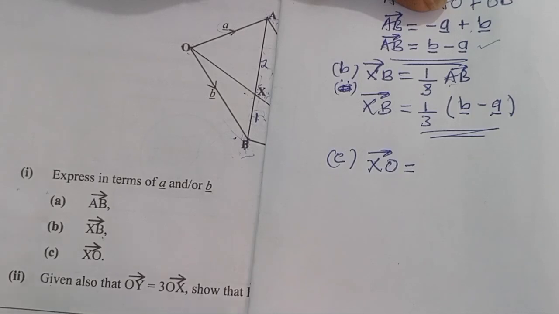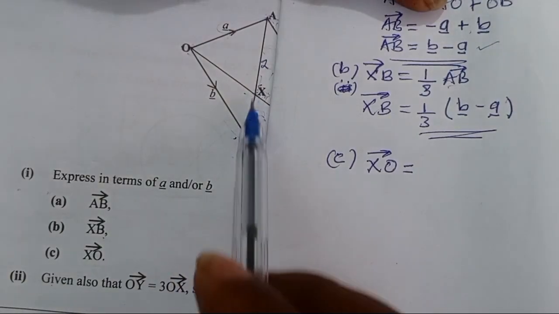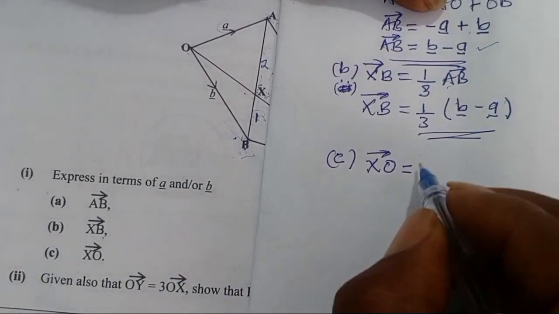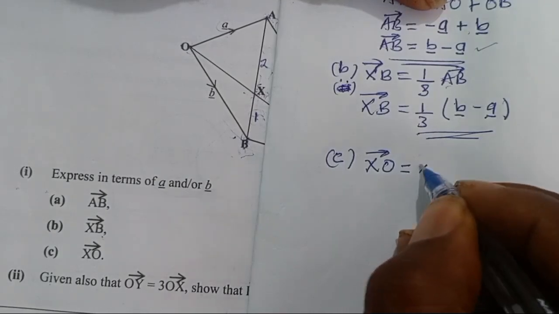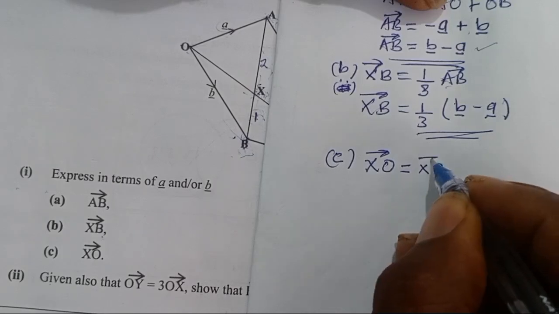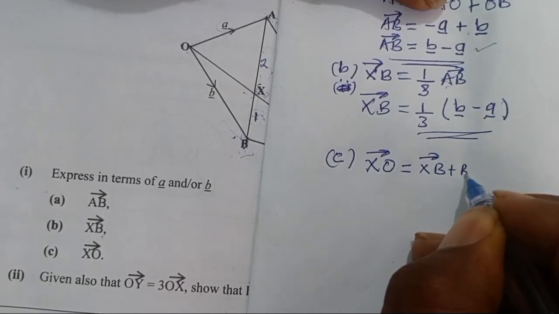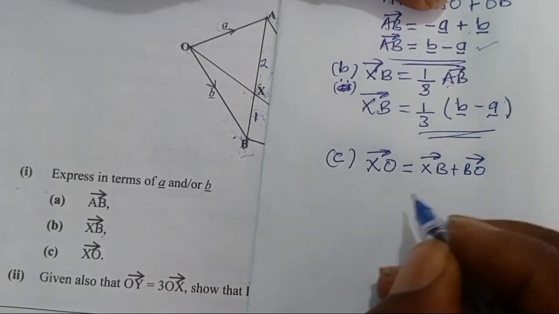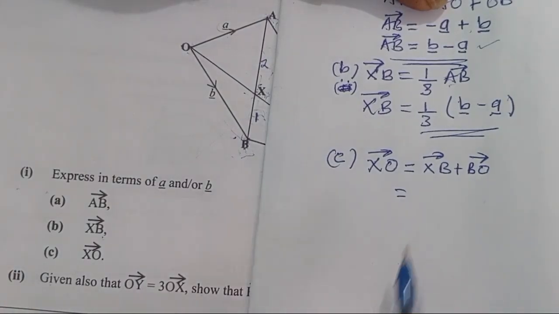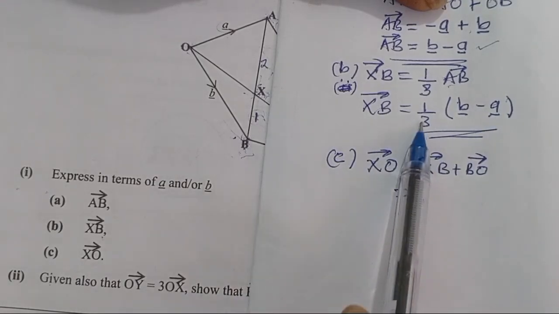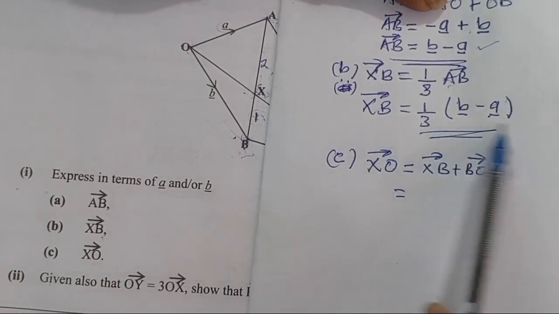So now to simplify things, I already have XB. So XO is equal to XB plus BO. So vector XB we have. So from here now, I'm going to expand vector XB.